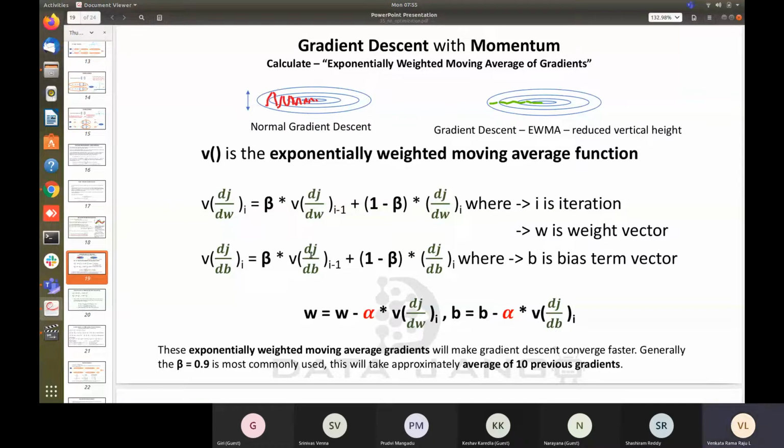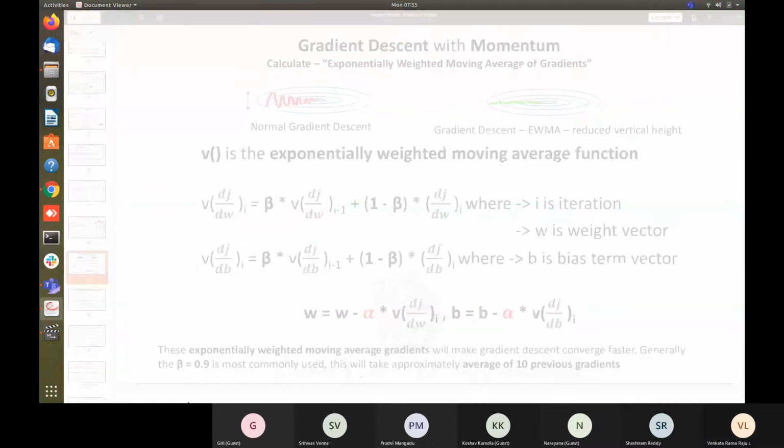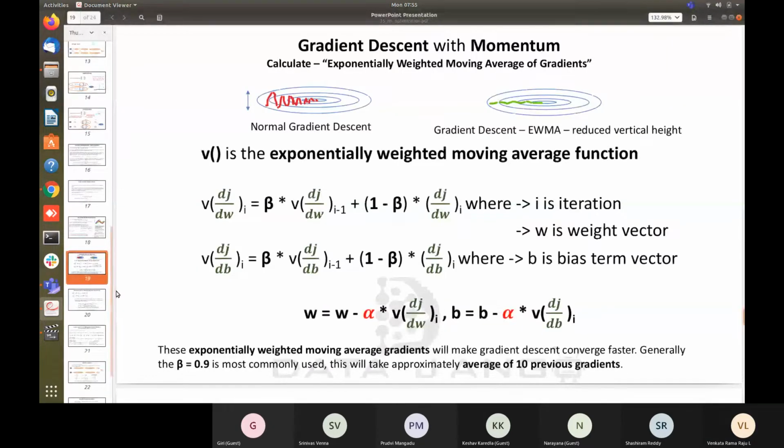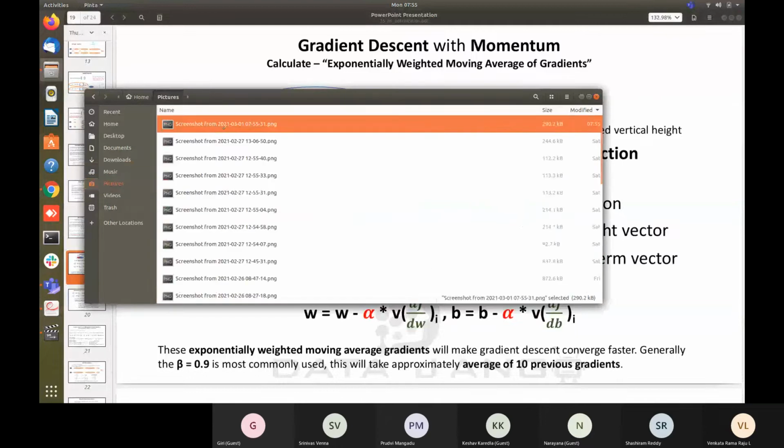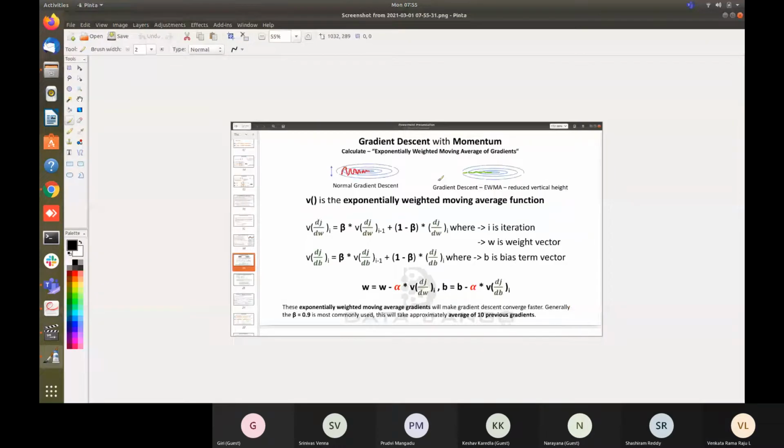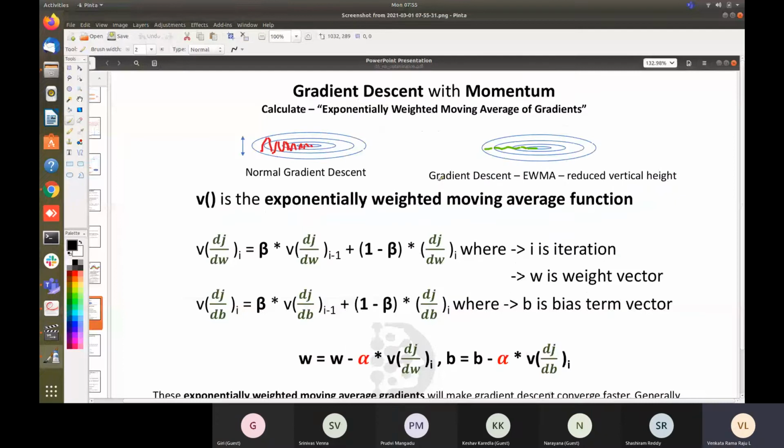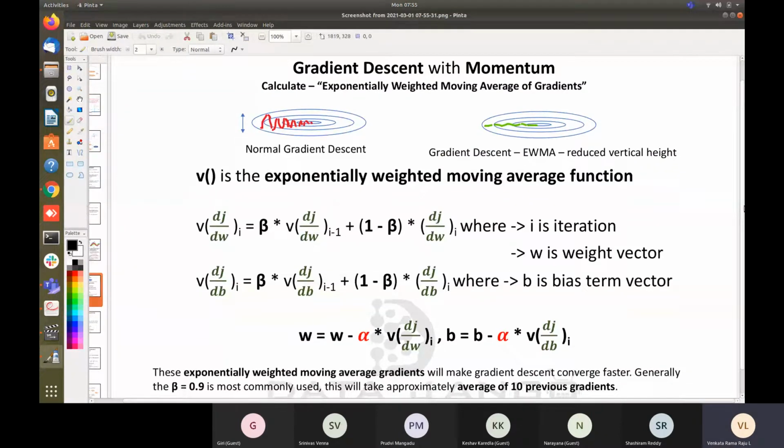Generally, this gradient descent curve is going to be convex, like this, right?